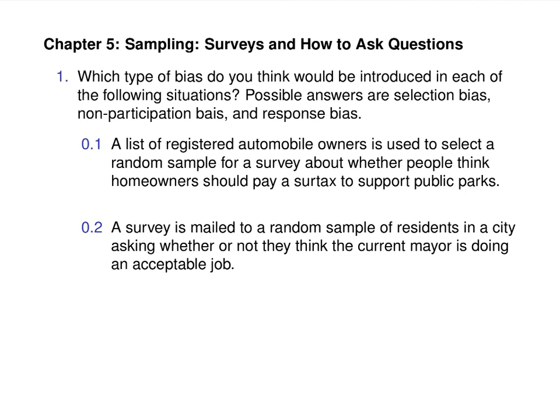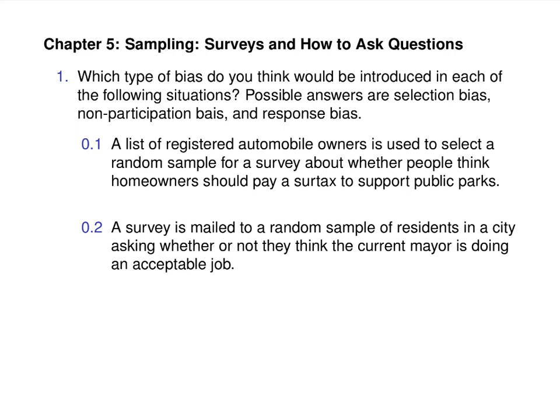So question here is, what type of bias do you think is going to be introduced in the following situations? So possible answers are selection bias, non-participation bias, and response bias. So first, a list of registered automobile owners is used to select a random sample for a survey about whether the people think homeowners should pay a surtax to support public parks.